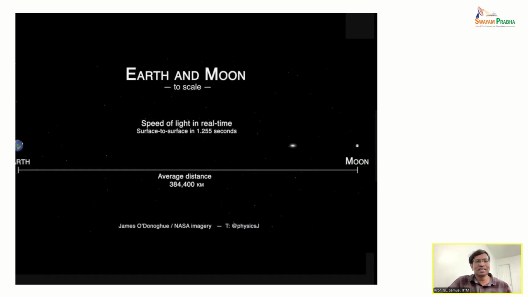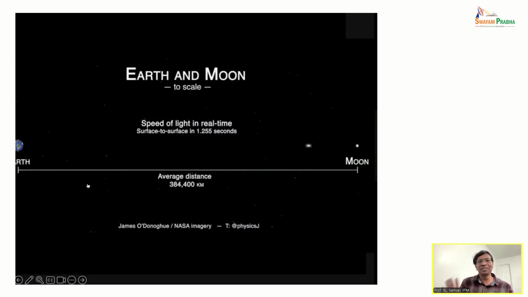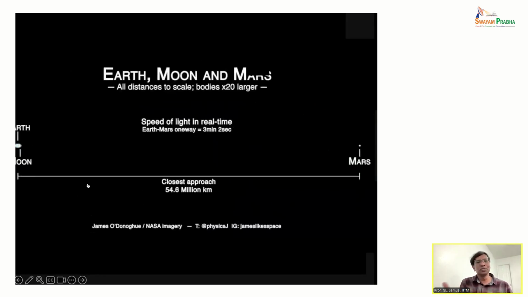Now as you see this video, the light here is traveling in real time. If the light wants to go once, that is the period of time required. And if the light has to travel from Earth to Moon, this is the time cycle.